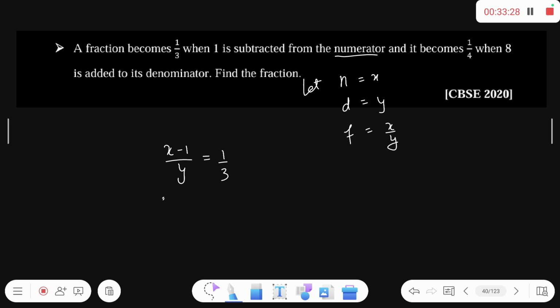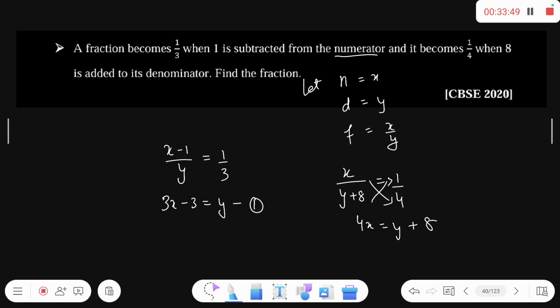So this is 3x minus 3 is equal to y, your first equation. Now second, when 8 is added to denominator, it becomes 1 by 4. Again cross multiplication, it is 4x is equal to y plus 8.